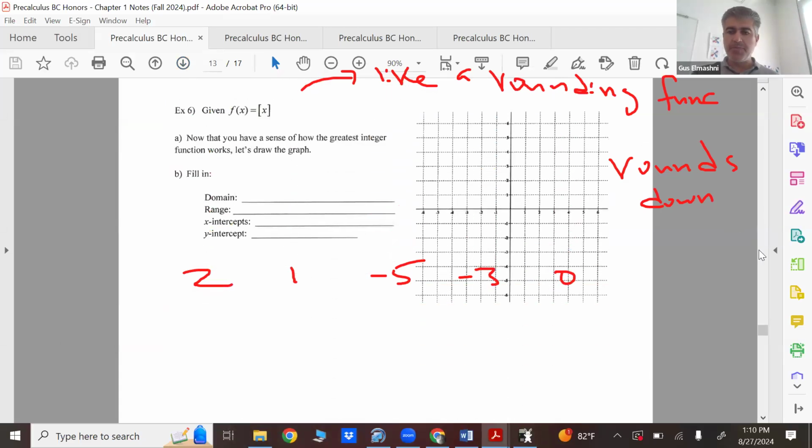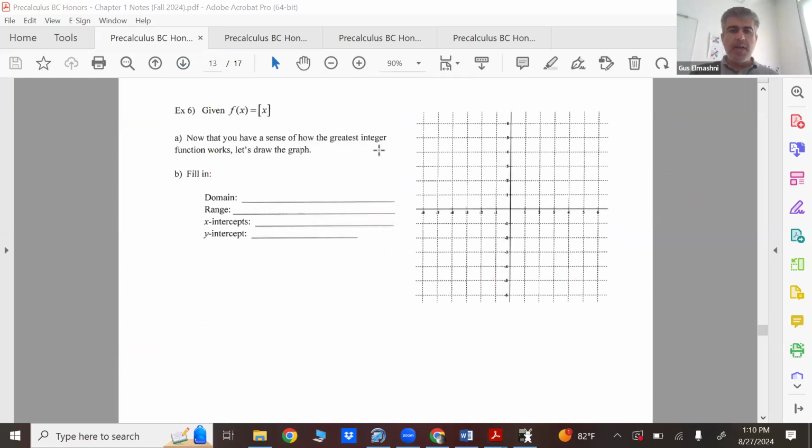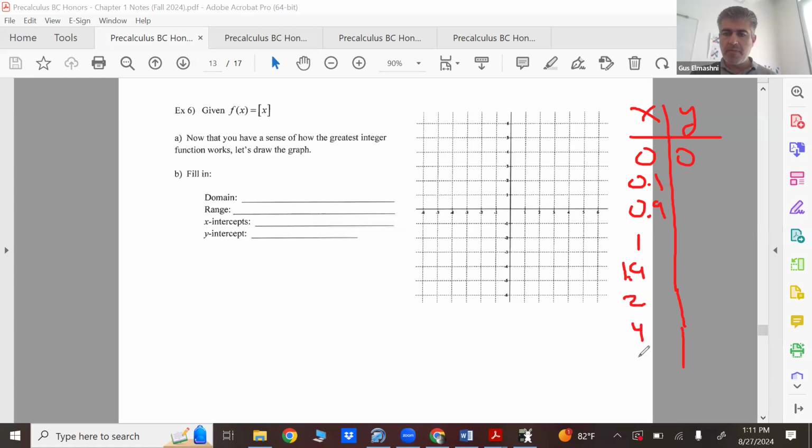Example 6. Okay. I'm going to make a little table first. What's the greatest integer less than 0.1, guys?